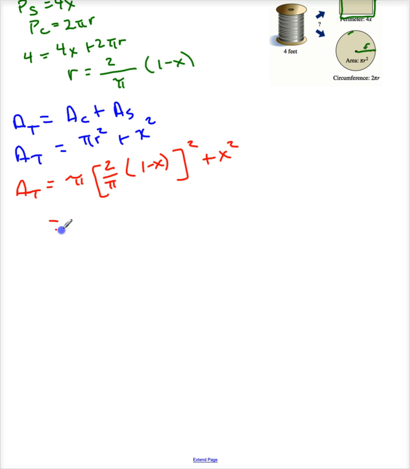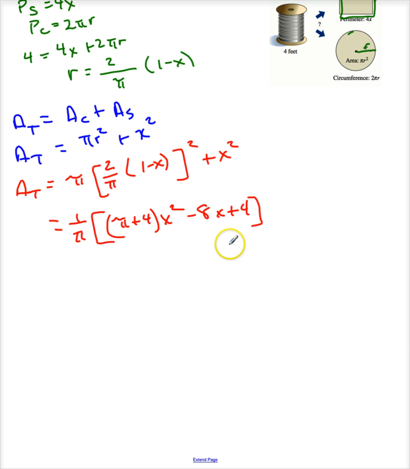I'm going to rewrite this as 1 over pi, I'm going to factor this out, times pi plus 4 times x squared minus 8x plus 4. Sorry about that, that's what happens when you factor in your head.